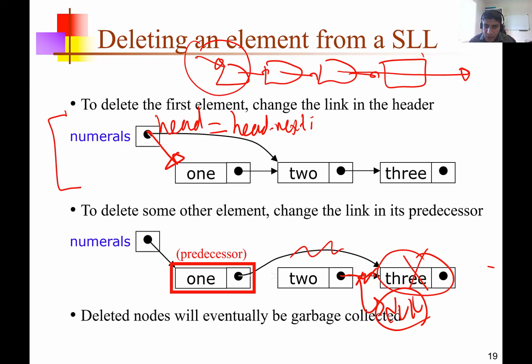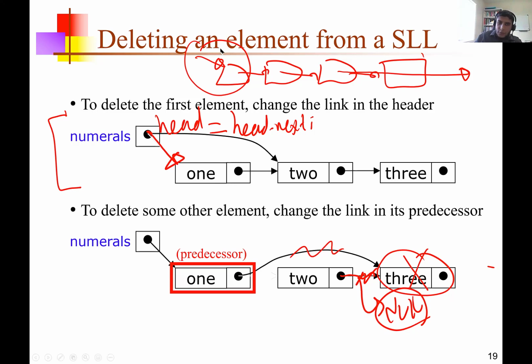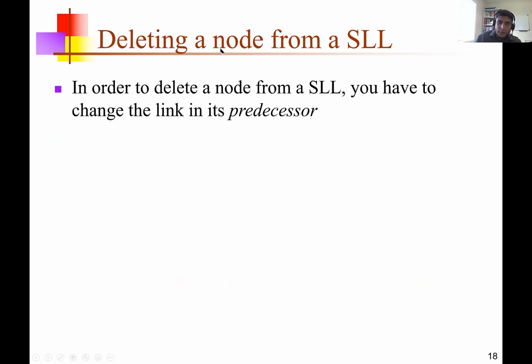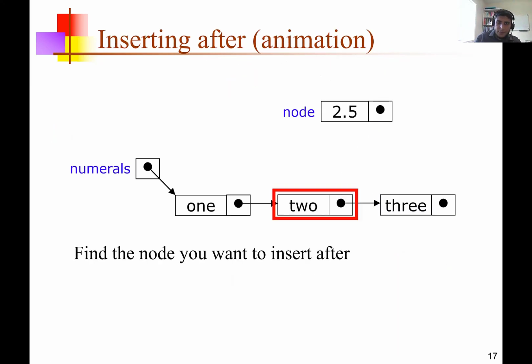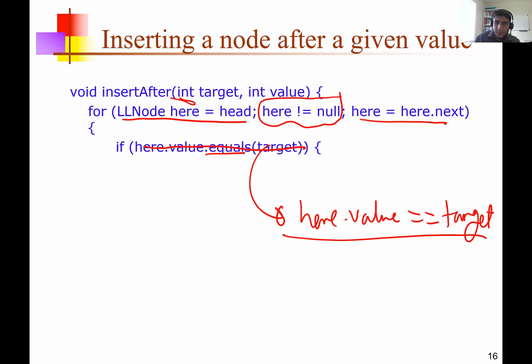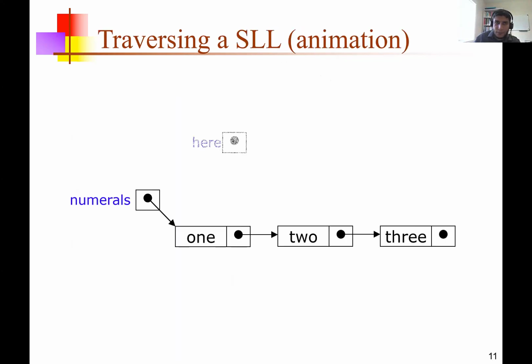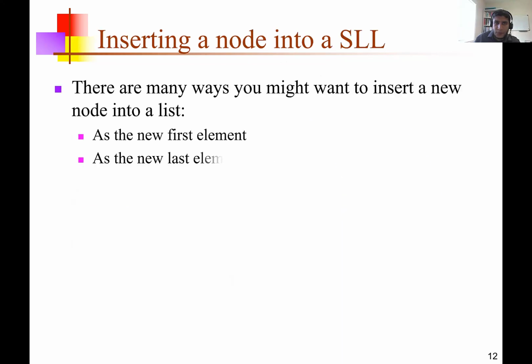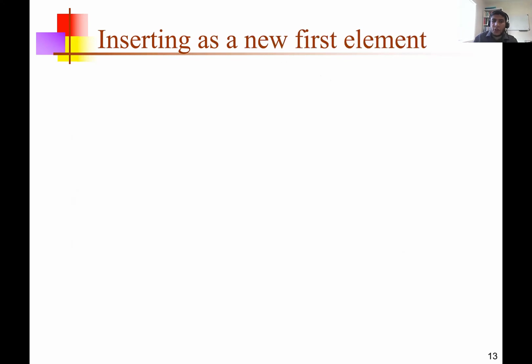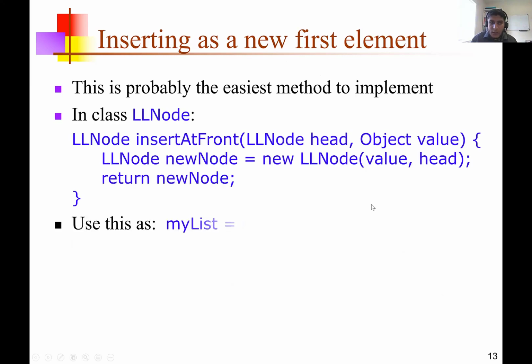Can you explain how you insert the first element again? Good. So let's go back to insert first. To insert at the beginning of a linked list, what should I do?